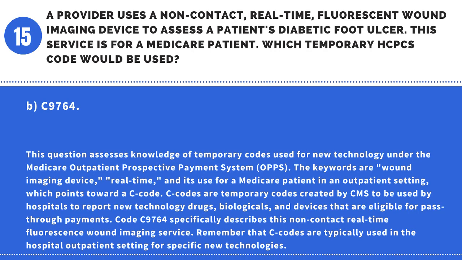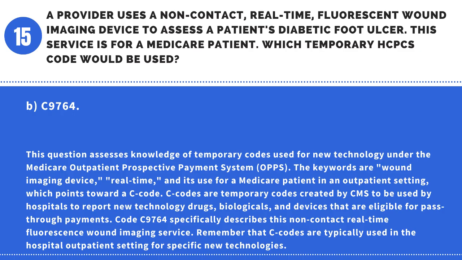Answer: B. C9764. This question assesses knowledge of temporary codes used for new technology under the Medicare Outpatient Prospective Payment System, OPPS. The keywords are wound imaging device, real-time, and its use for a Medicare patient in an outpatient setting, which points toward a C code.